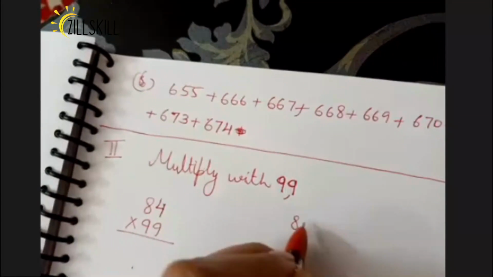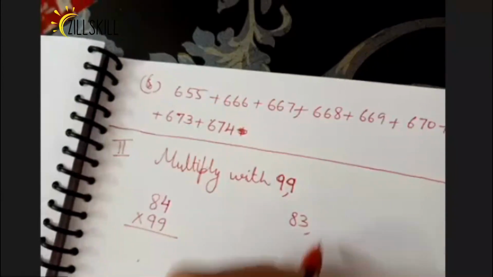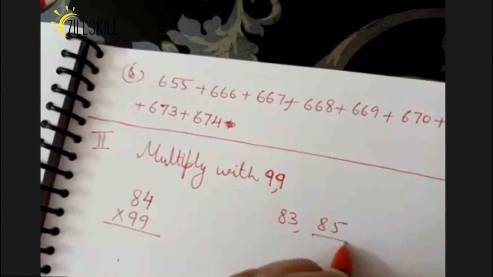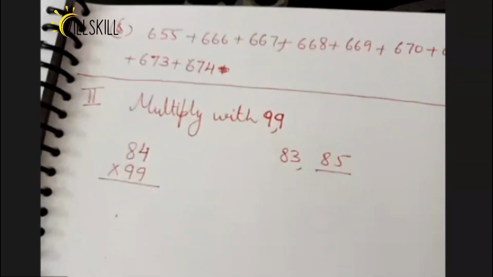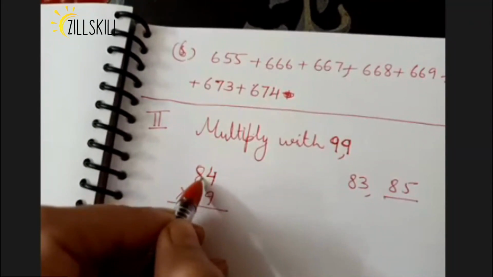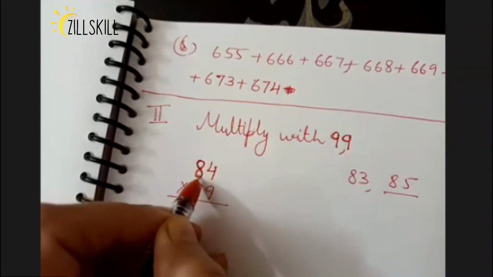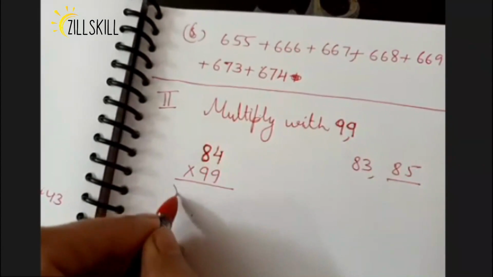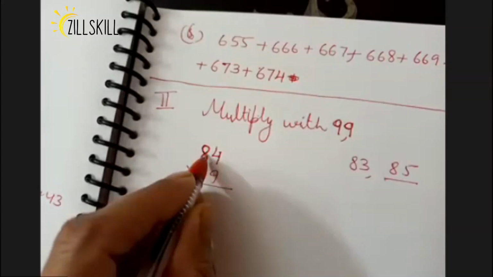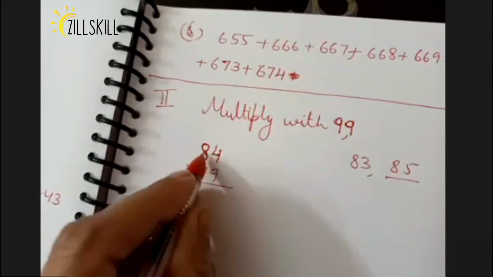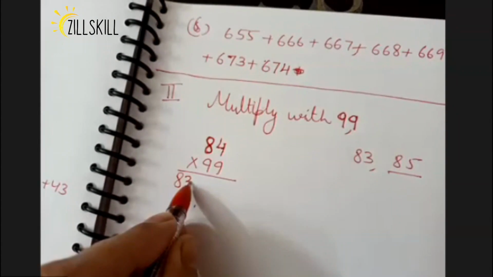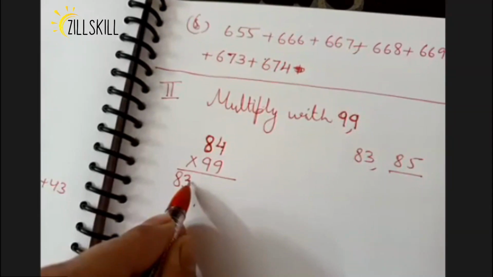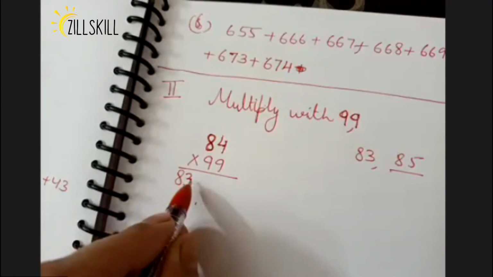Like 83 is the predecessor of 84 and 85 is the successor of 84, right? You know this. Very good. So let's write the predecessor of the number 84, that is 83.